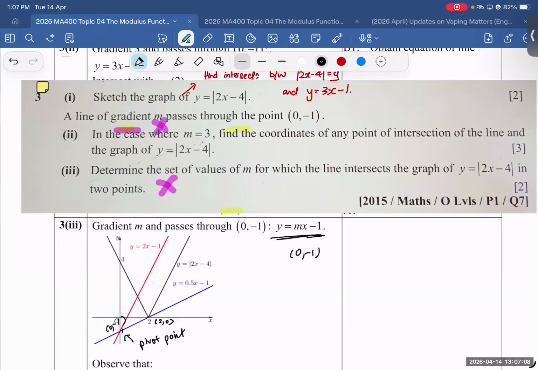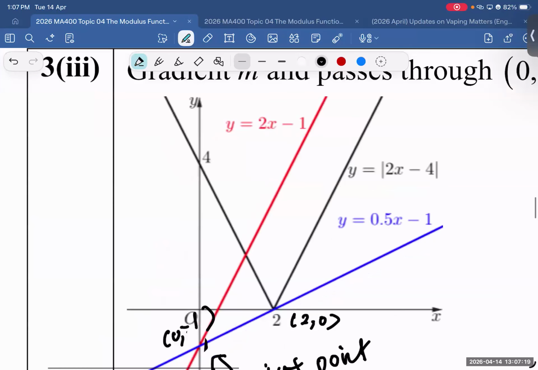See my hand, the gradient keeps changing, but the point is constant. Now if the gradient is 2, a parallel line passing through this point, with gradient also 2, will only intersect at one point.